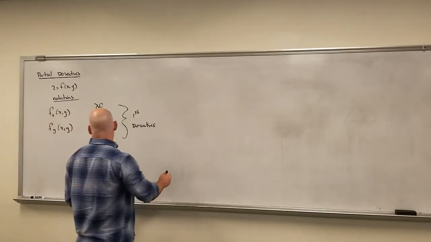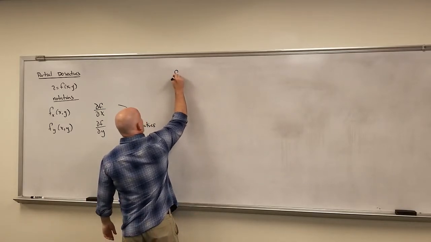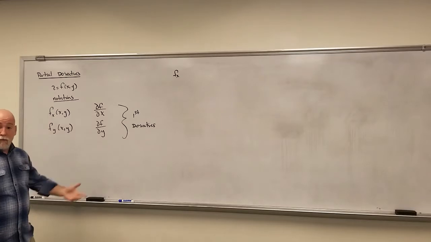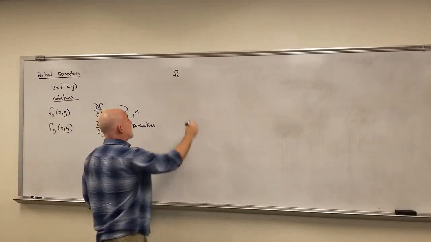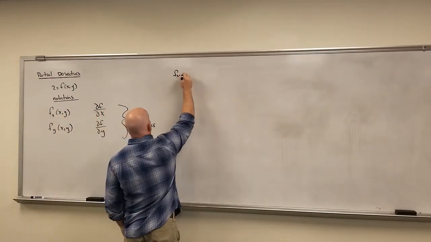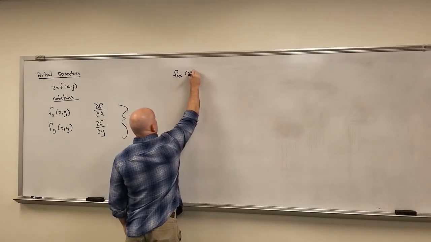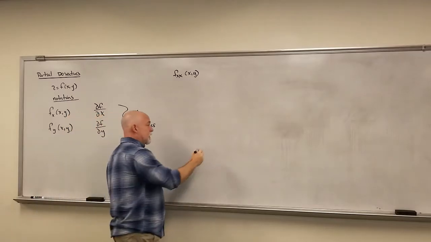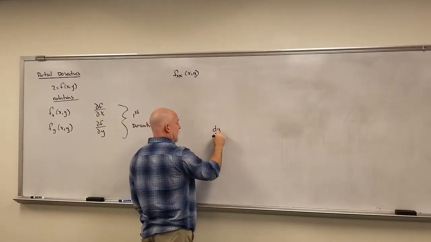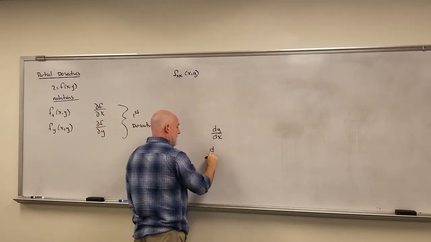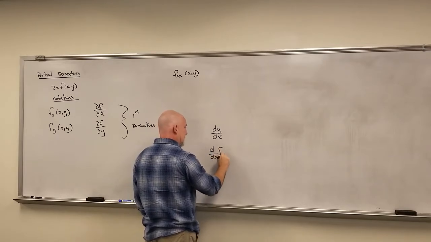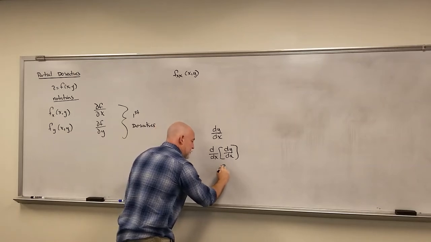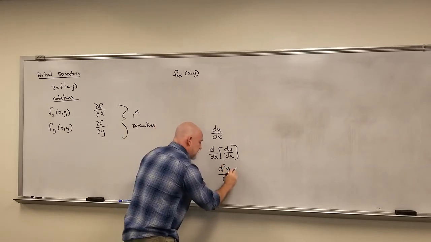So I'm going to do both notations for this. I could take f sub x, right? This is the derivative with respect to x, and I could do the derivative again with respect to x. So that would be f sub x x of x and y. Now, here's where it gets a little weird. Remember how we found the second derivative with our differential notation? If we have, say, dy dx, and we do the derivative again with respect to x, our notation looked like this, d squared y dx squared.